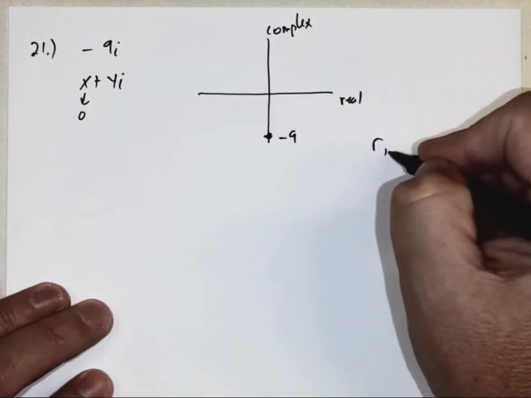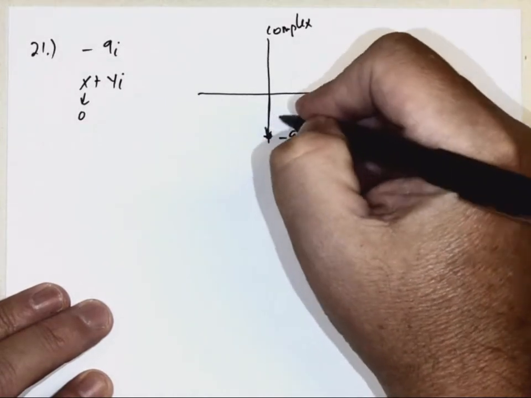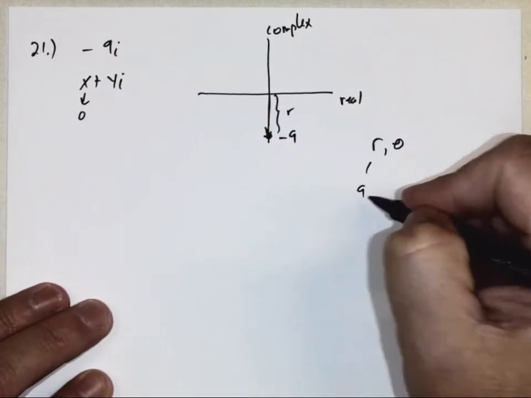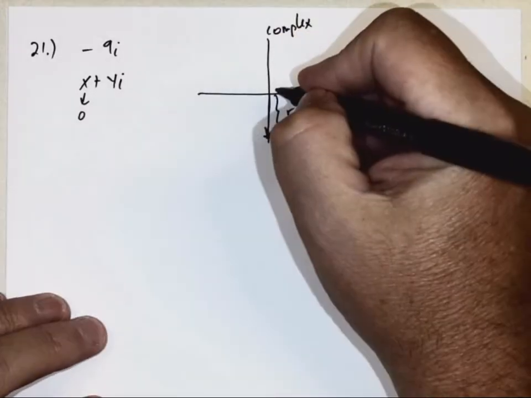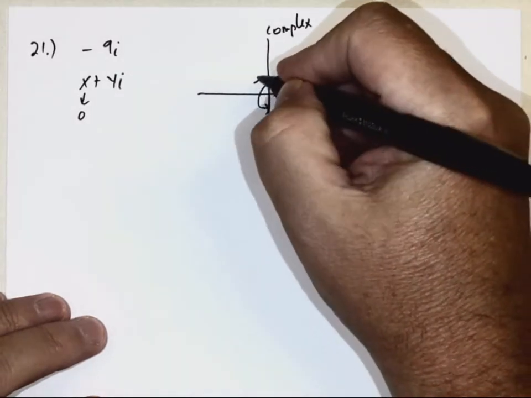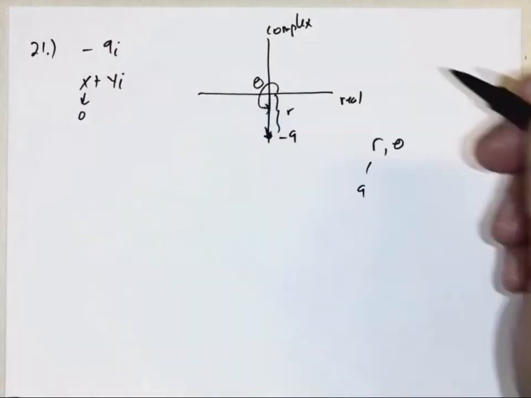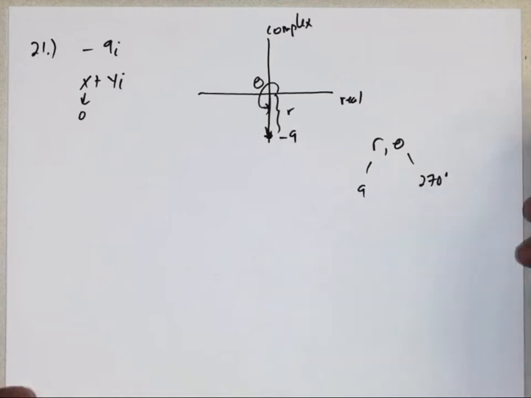I need to get r and theta. R would be that distance, which is pretty obviously 9. And theta is this angle. In this problem, it looks like they're looking for the answer in degrees again. What is this angle? 270 degrees.